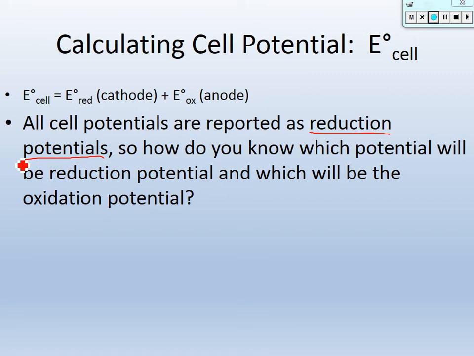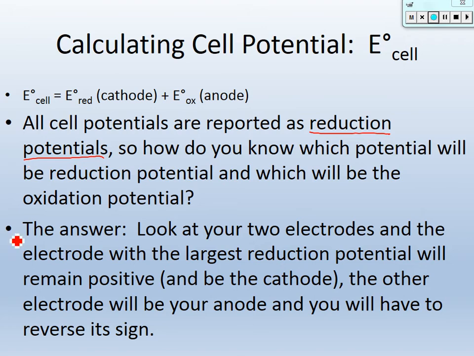So here's that trick I was talking about earlier. This is very important. Okay, please pay attention to this part. You're going to look at your two electrodes, and the electrode with the largest reduction potential will remain positive and be the cathode. The other electrode, the one that's not as positive, will be your anode, and you will have to reverse its sign.